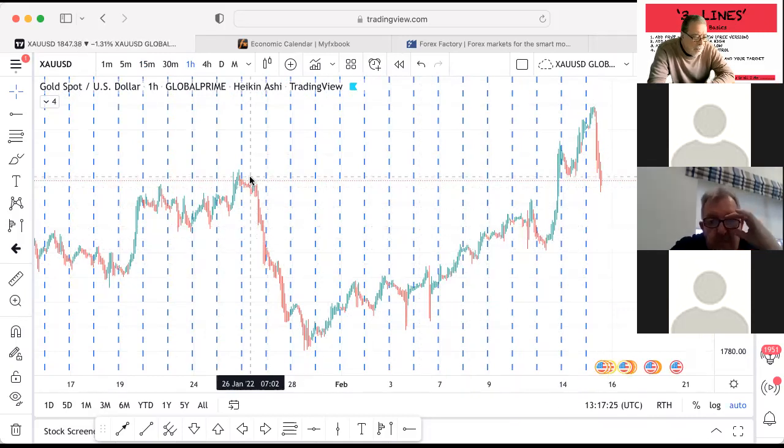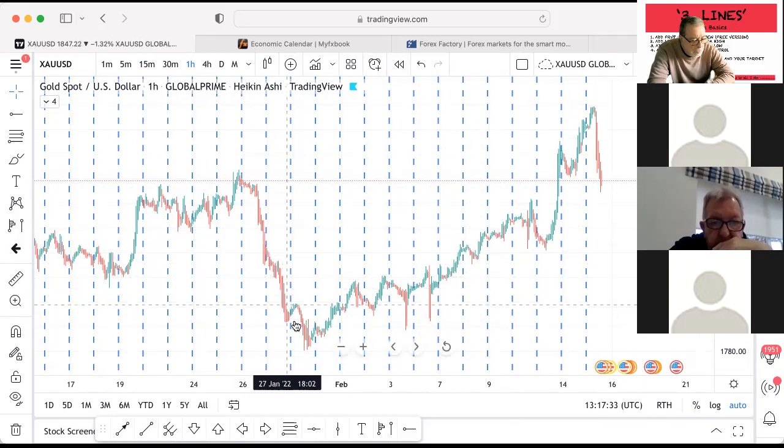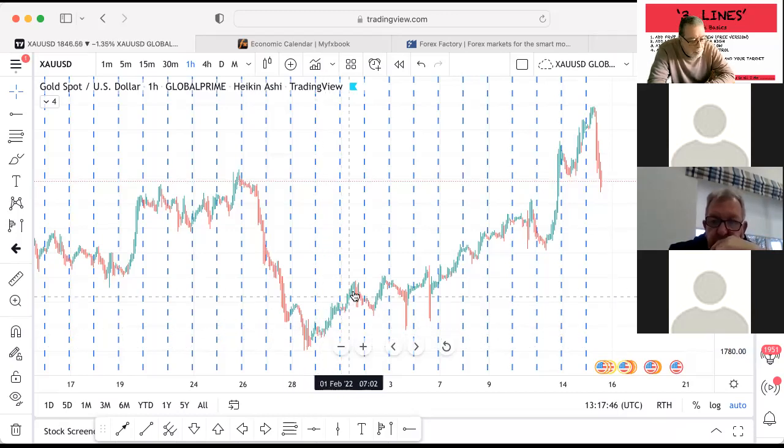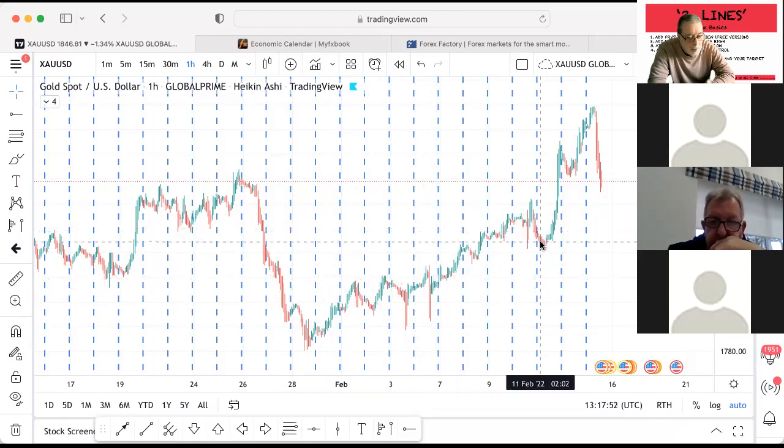And you can see that 25th, 26th of January, price continued to go down for a couple of days there, right to the 28th of January. But since the 28th of January, actually since the 31st of January after the weekend, it's gone back up, and it's more or less steadily gone up and up and up.